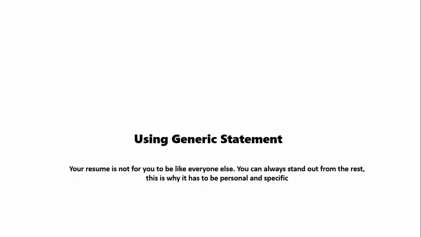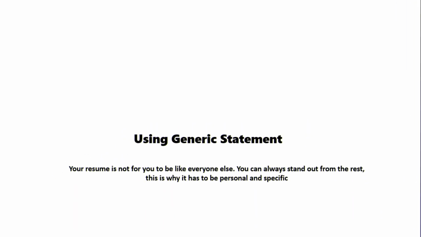Then the other mistake people make is using generic statements. When you're using a generic statement, most of the time you reach out to friends and get their CV, then you change the bio data. It's not your own information, but you want it to look like the other person.